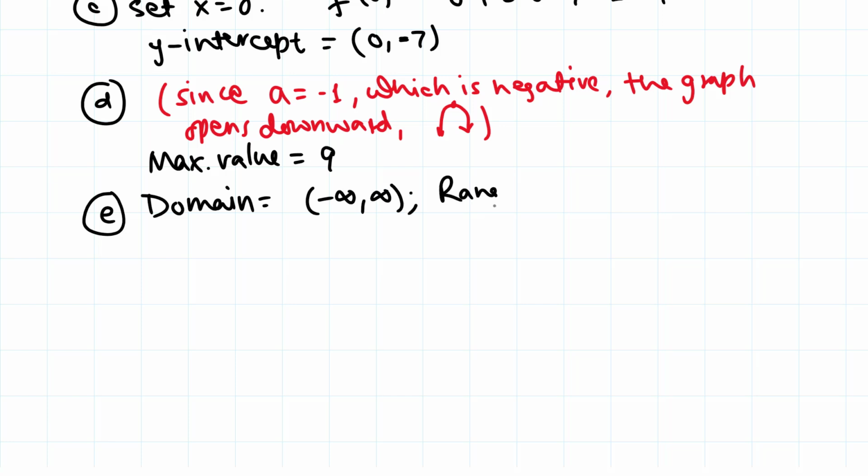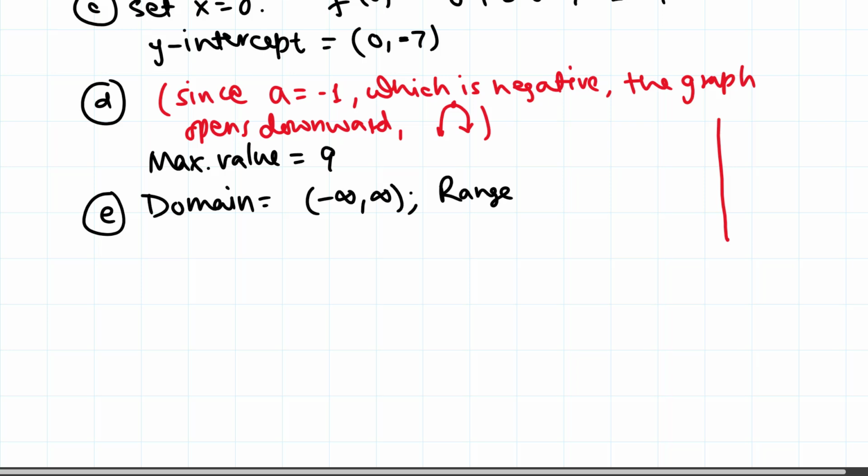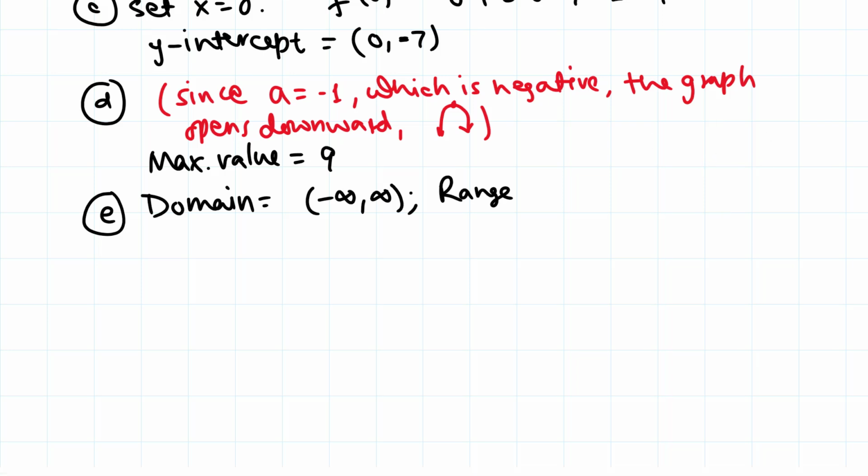And how about the range? We don't have to graph this one, but if we look at the graph, it opens downward, and we know the vertex. The graph is something like this, opening downward, so the highest point is (4, 9), the vertex we found.